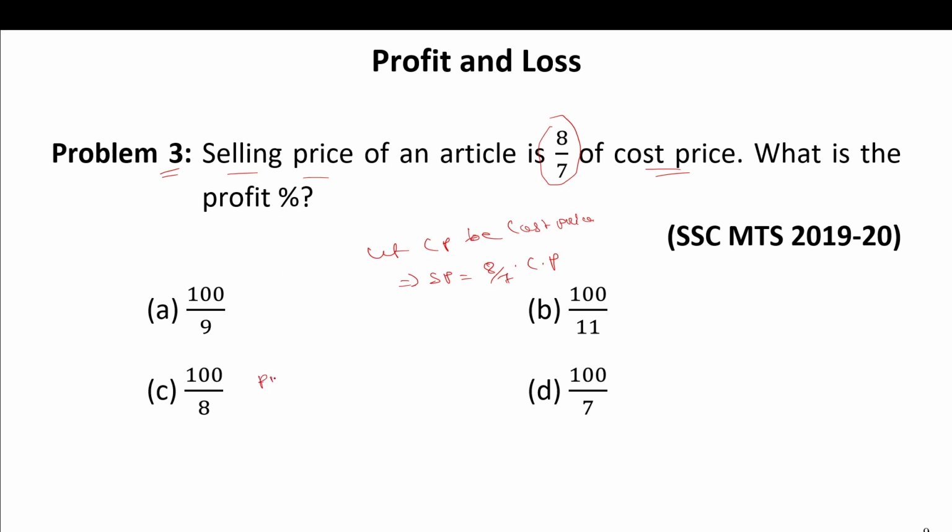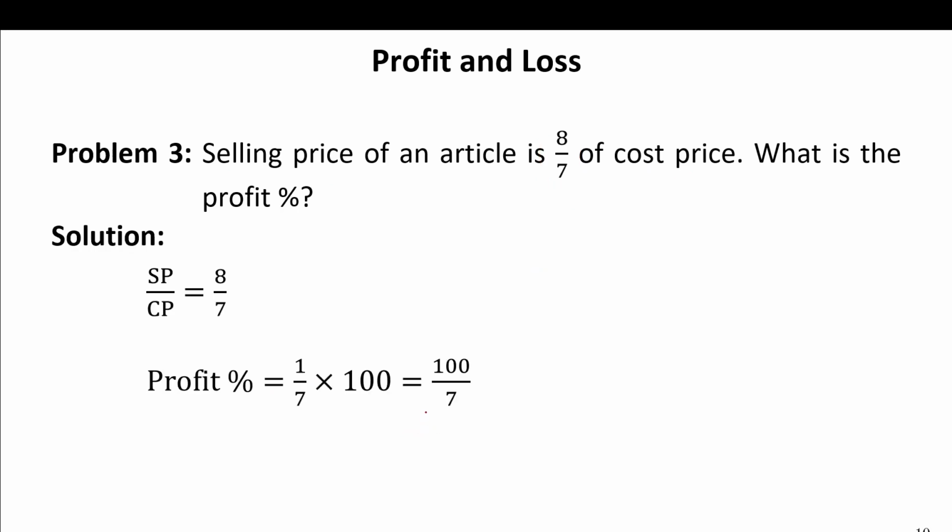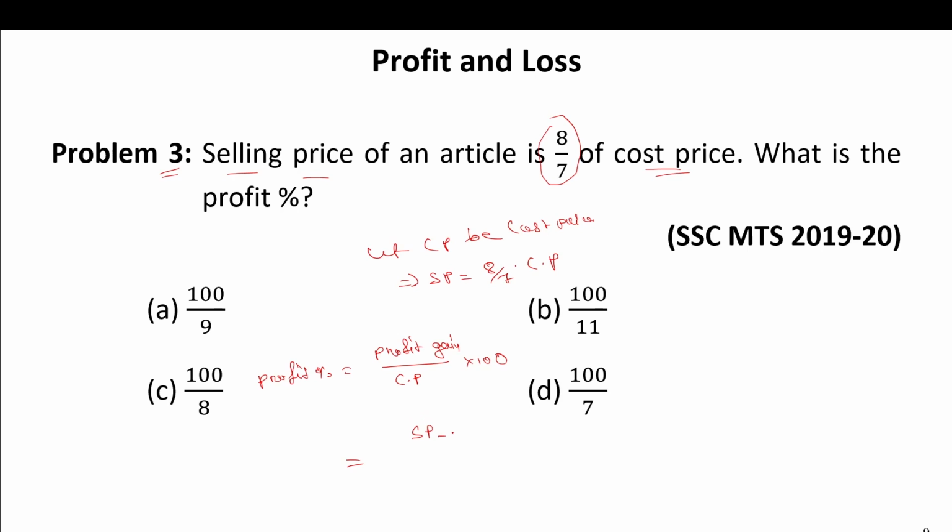So we know that profit percentage is equal to profit amount, profit gain by CP into 100, right? So profit gain is equal to what? Selling price, so it is SP minus CP, right? SP minus CP by CP into 100, right?